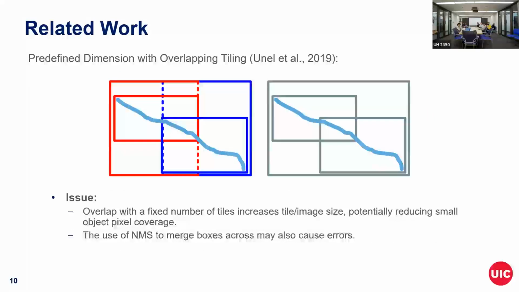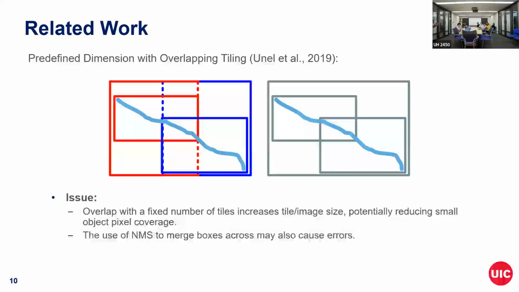The issue with this approach is that overlapping with a fixed number of tiles increases the image size. For example, if it's 640 and you have 25% overlap, then you have to adjust your image to a larger size, potentially reducing the small object pixel coverage relative to the picture the inference is done from. And the use of NMS to merge boxes across different tiles may also cause errors.